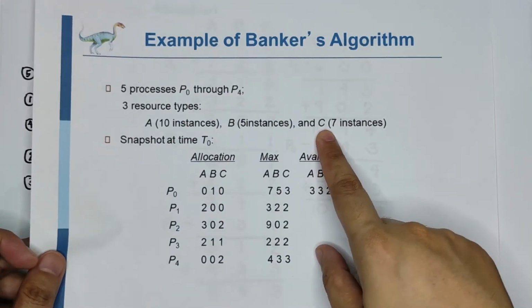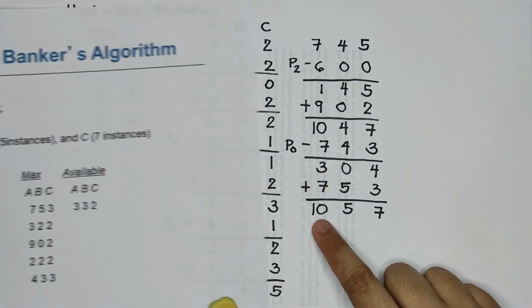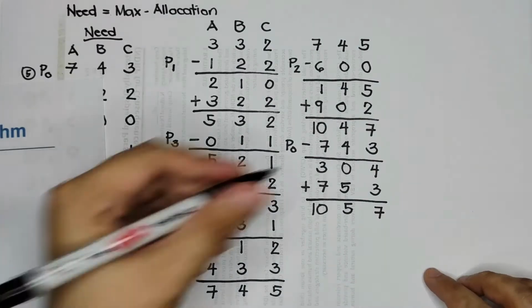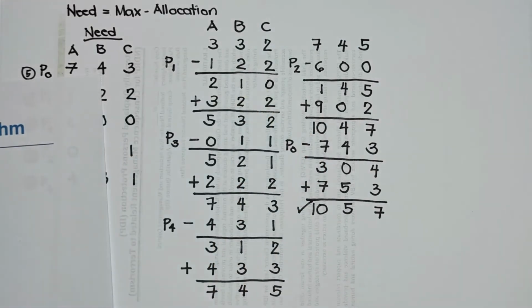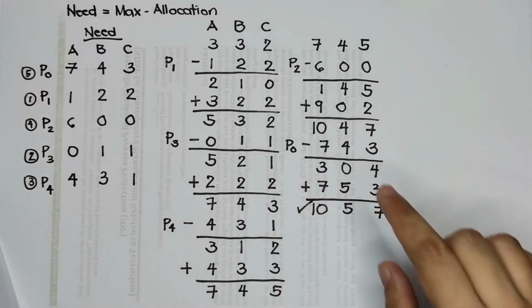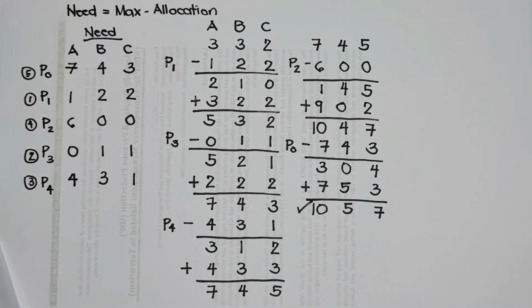So, as you can see, it's correct. So, 10, 5, and 7. So, that's the way that you can verify if you've done correctly the subtraction of the needed values and then returning the resources that is allocated by adding it to the available.